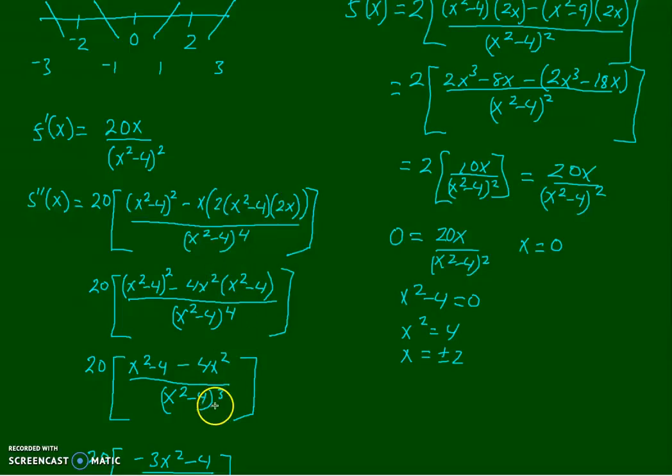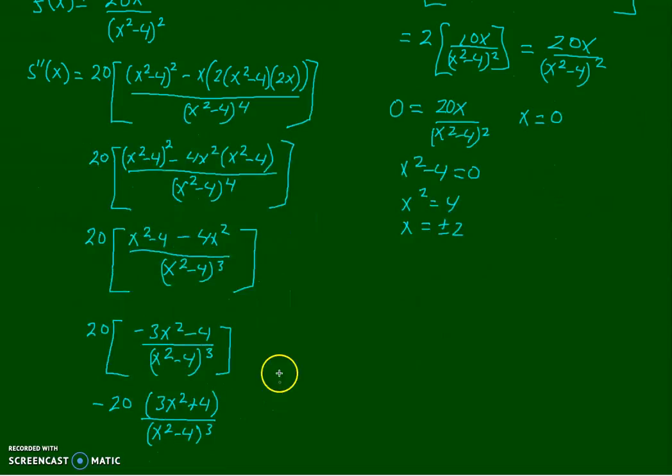And we pull one of these out, we have x squared minus 4 to the third. Simplifying yet again, we have negative 4x squared plus x squared is negative 3x squared minus 4, all over x squared minus 4 to the third. And we're going to pull out a -1 here. So we have negative 20 times 3x squared plus 4 over x squared minus 4 to the third.